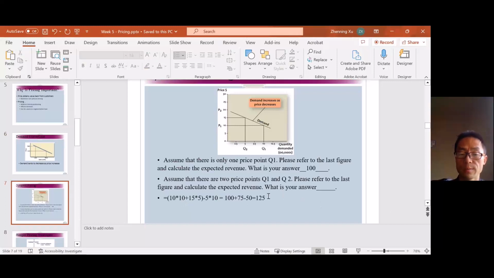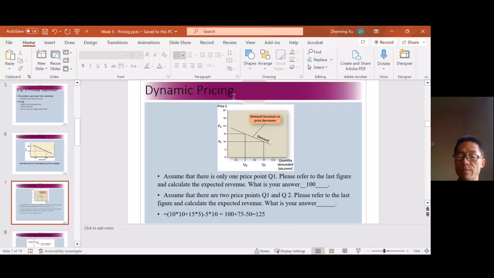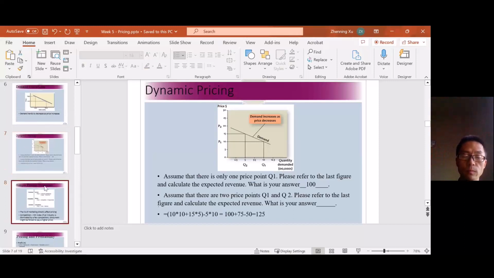The answer is 10 times 10 plus 15 times 5 minus the area close to the original point, 5 times 10, and it gives you a value of 125. So if you use dynamic pricing, since you charge different prices for different market segments, your revenue has increased, right?